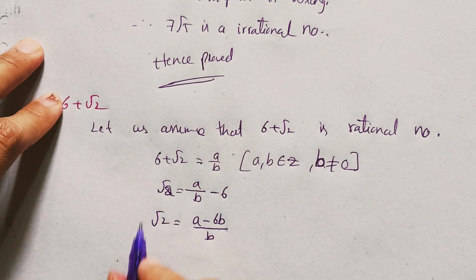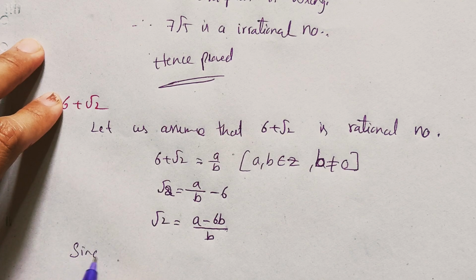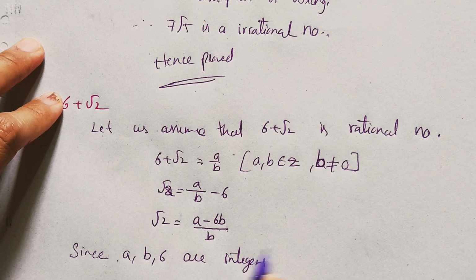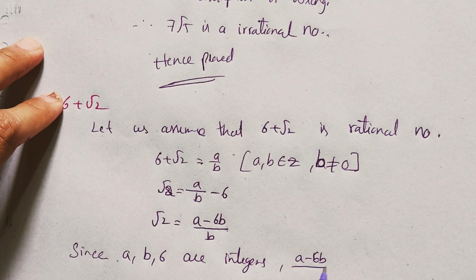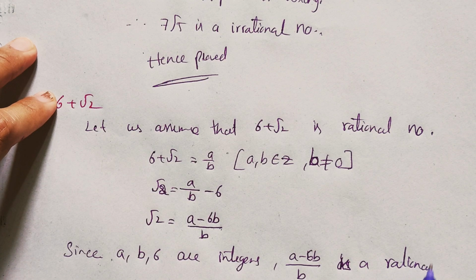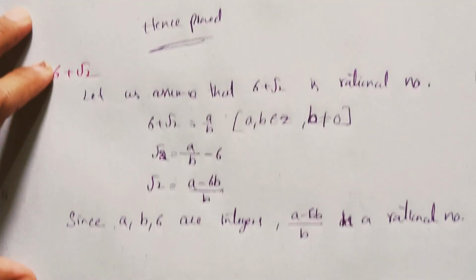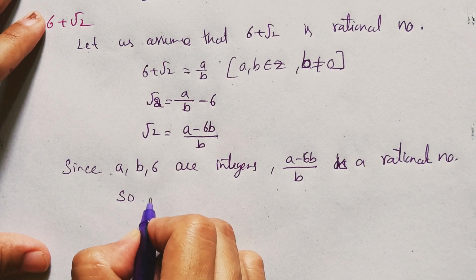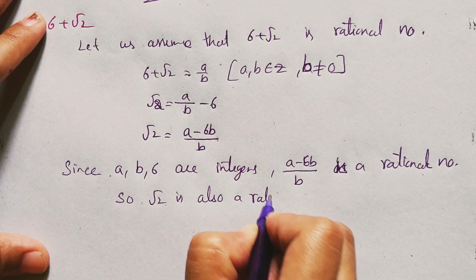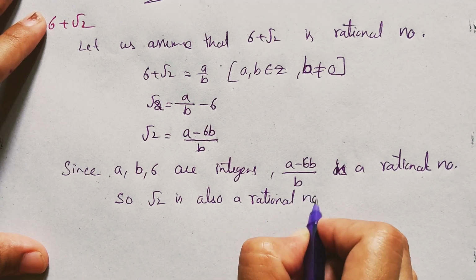If you observe this clearly, since a, b, 6 are integers, a minus 6b by b is a rational number. So root 2 is also a rational number.